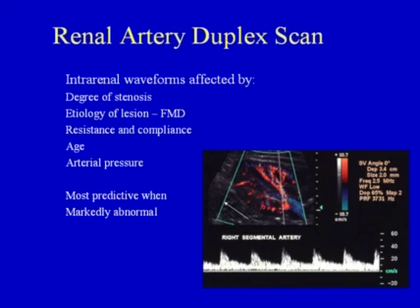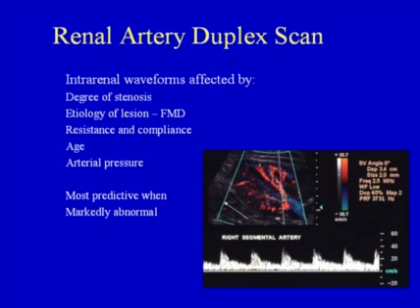Intrarenal waveforms can be affected by the degree of stenosis and the etiology of the lesion. As noted earlier, fibromuscular dysplasia generally does not affect the waveforms out in the parenchyma, and they appear to be essentially normal. They are also affected by the resistance and compliance, the age of the patient, and arterial pressure.